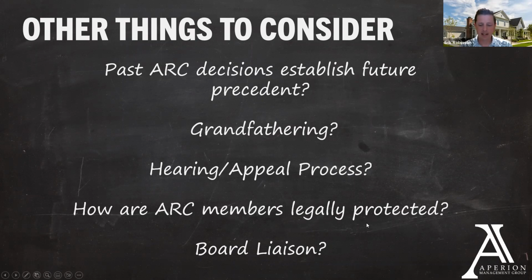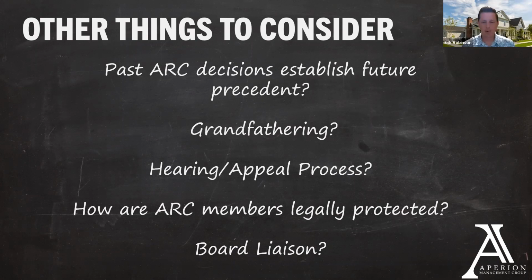Now, this last piece is board liaison. There are a couple of reasons to have one member from your board of directors act as a liaison to the design review committee. A liaison for the board is generally going to be copied on ARC correspondence, on decisions that they make, on pretty much all of their business, but they're not going to vote, and generally they're not going to enter the conversation.